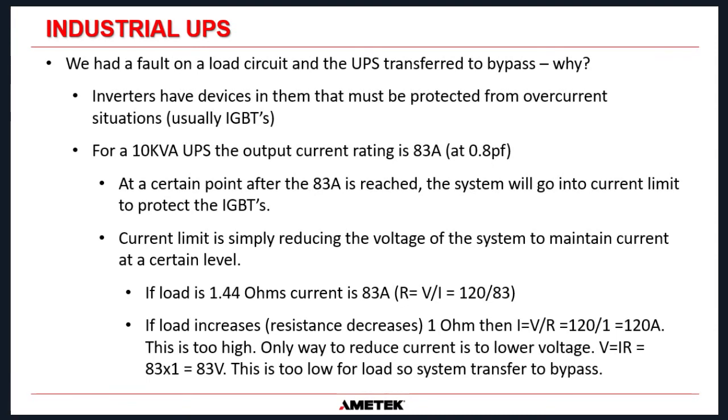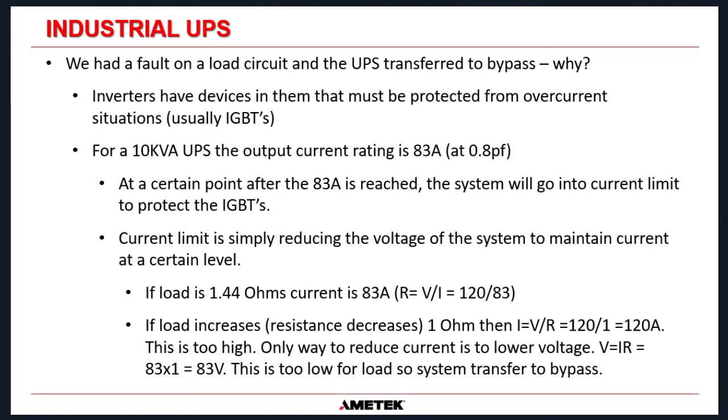And what happens is, to be honest, the bypass supply is a much more robust source. So if there is a medium to high resistance fault on the output of the system, the UPS may not clear it, but if you transfer to bypass, there's a huge amount of power behind that bypass supply because it's just coming direct from the MCC, and it will clear the fault much quicker than the inverter.